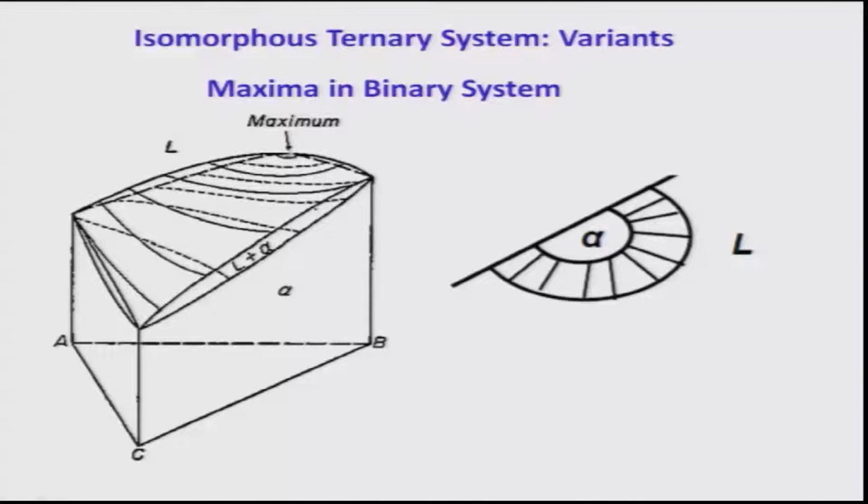And two such variations I am going to discuss. One is that in which on the binaries, suppose AB, for it the liquid undergoes a phase separation, and because of that there is a maximum. Let me tell you for both the ends, AC and BC.